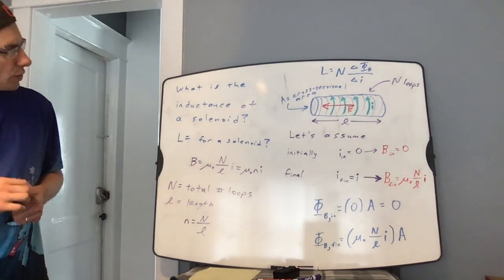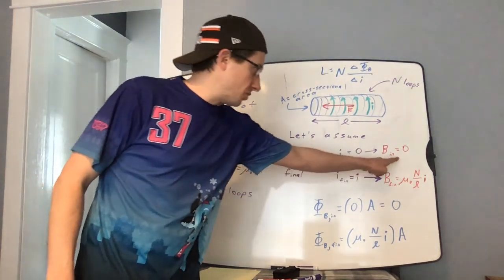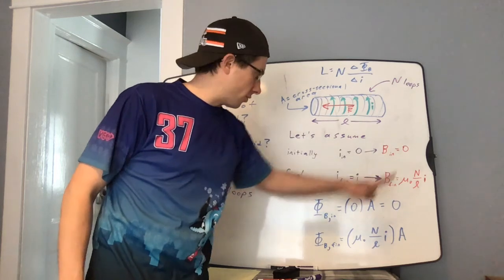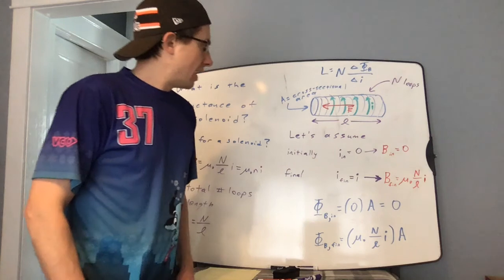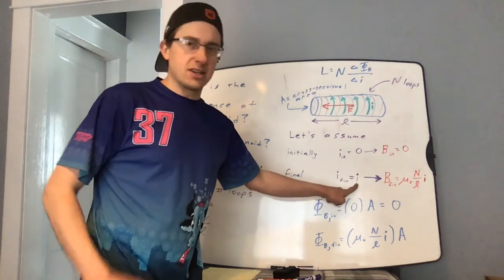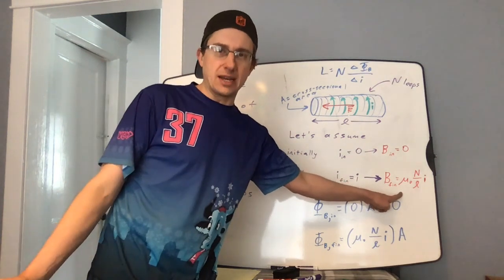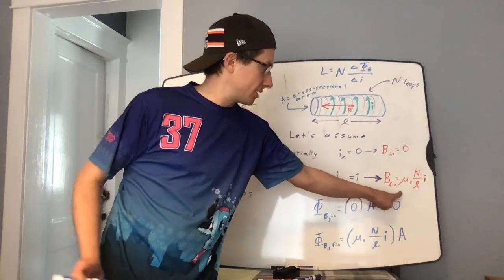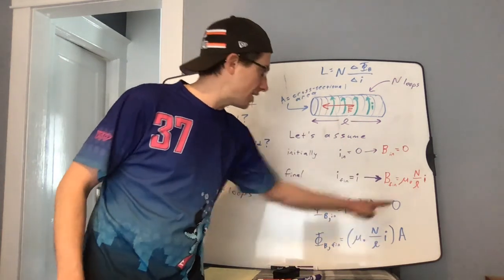Okay, we have a bunch of terms. The current initially is 0, which implies the magnetic field is 0, which implies the magnetic flux through the solenoid is 0. Later on, the current has a magnitude of I. That implies there is some magnetic field, this much, depending on the details of how long the solenoid is, how many loops, and so on.